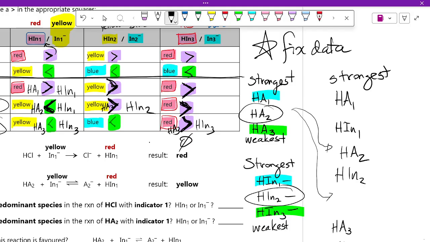And now you have a list of all the acids from the strongest to the weakest.